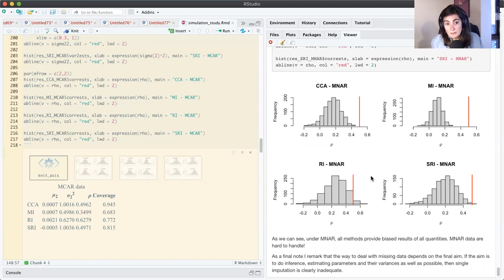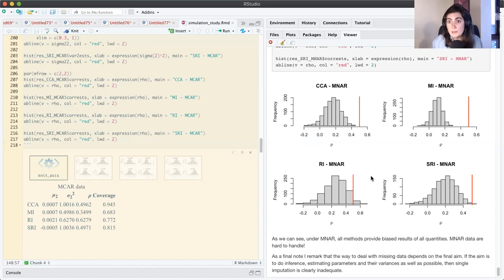Also, if we are interested in doing inference, of course, single imputation is dangerous and not recommended. If we are just interested, for some reason, in coming up with an estimate for the correlation, for the mean, or whatever, and we do not need to provide confidence intervals, then we have seen that stochastic regression imputation can in fact be used.